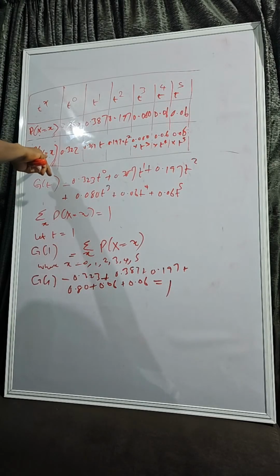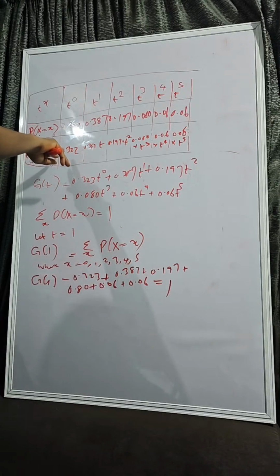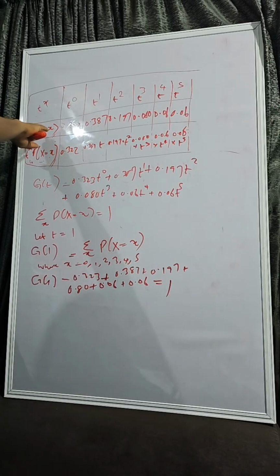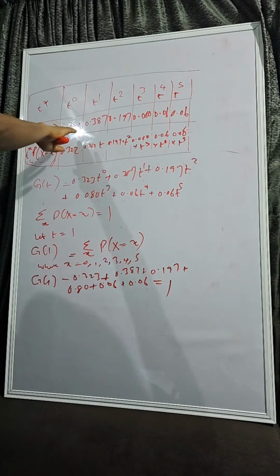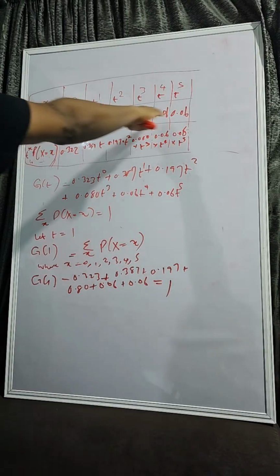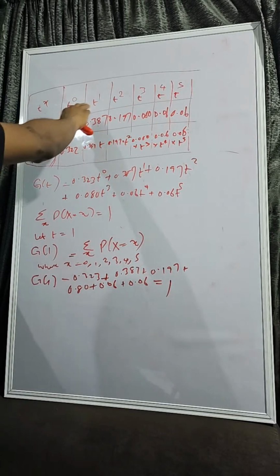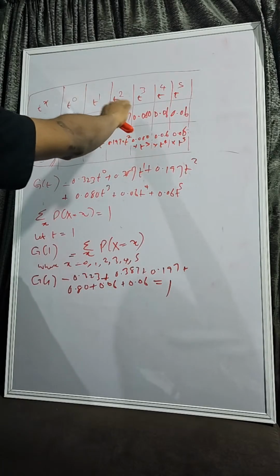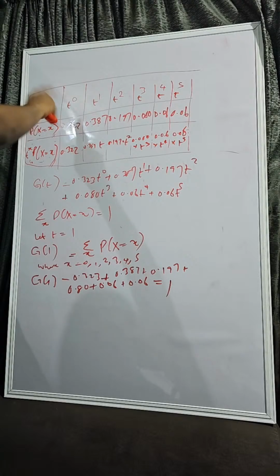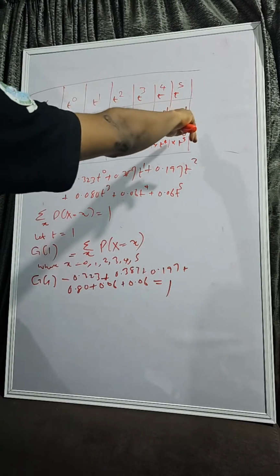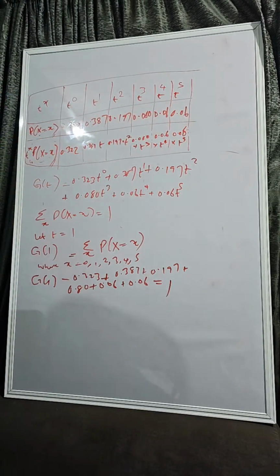For example, before we had frequency here: 149, 179, 91, 37, 3, 3, and 0. If you add all of that, the ratio of 149 to the total is 0.322.